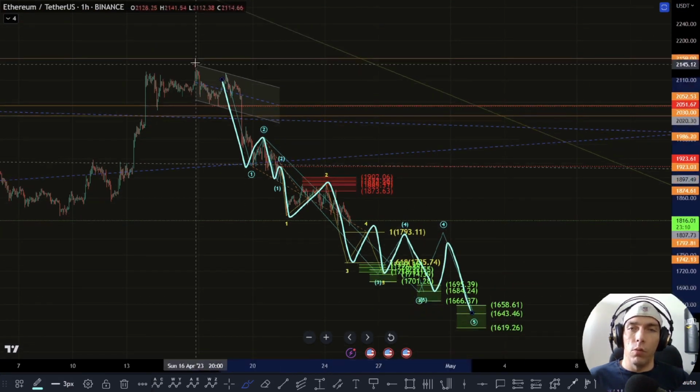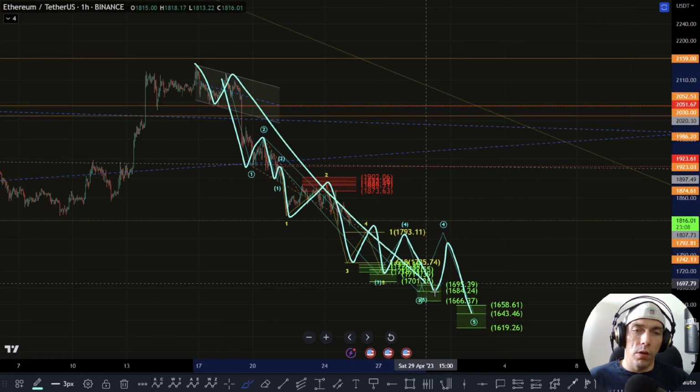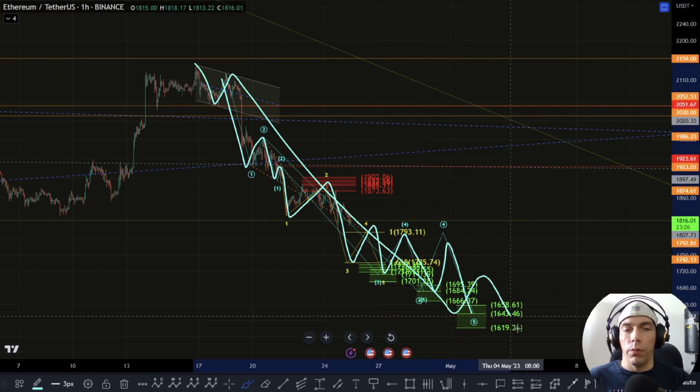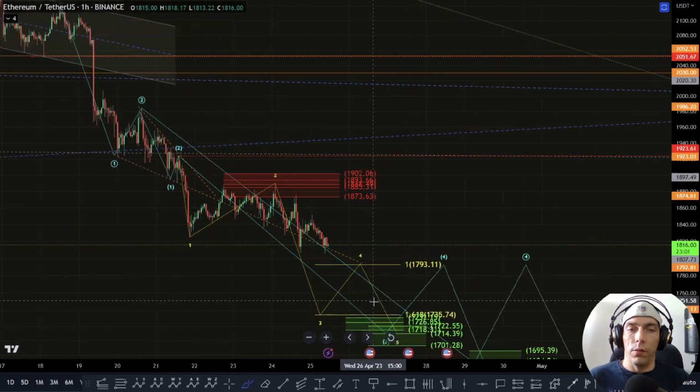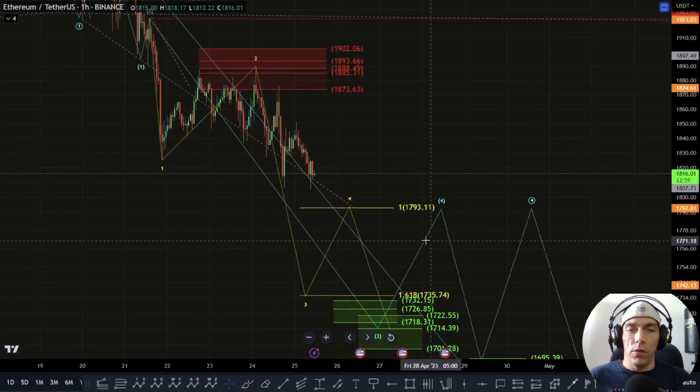This would then mean that this would all be within a bigger third wave pattern here. We'd be looking for a fourth and a fifth to complete after all of these series of fours and fives play out. So this is what we need to be careful of.